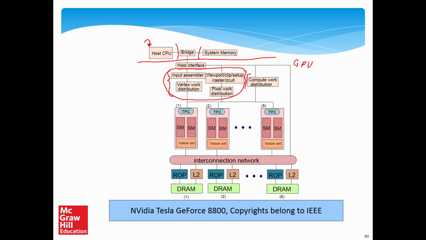The general purpose character of a GPU, the GPGPU-ness, comes from this particular block. The job of this block is to distribute the compute work.